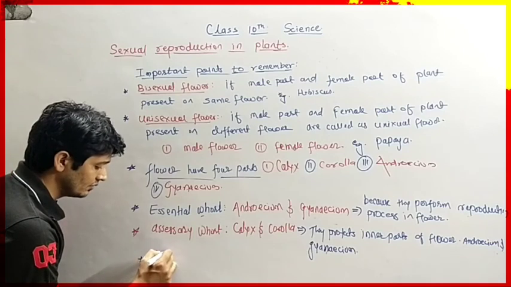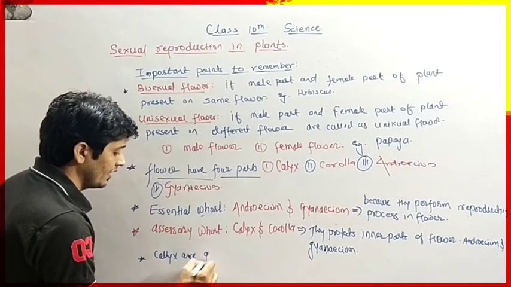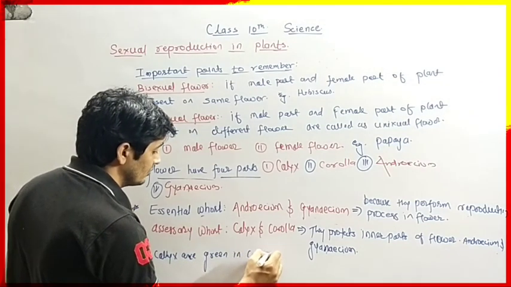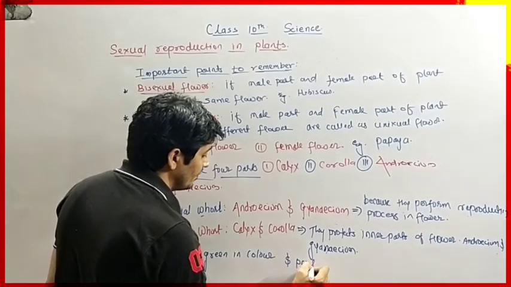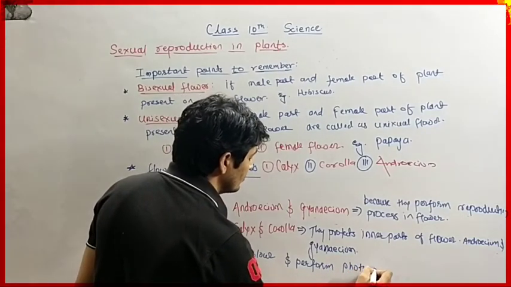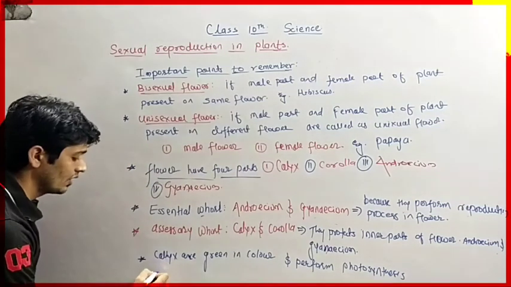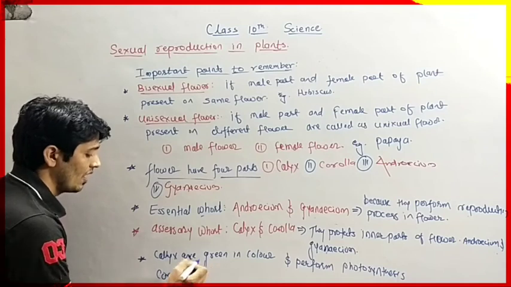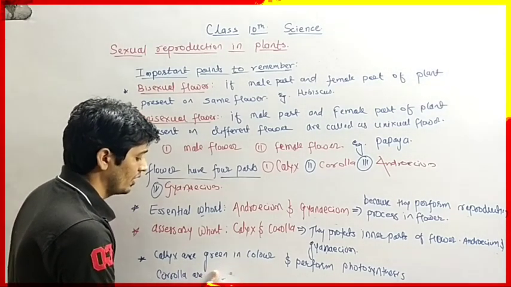Calyx is green in color and performs photosynthesis, whereas corolla is multicolored or colorful.